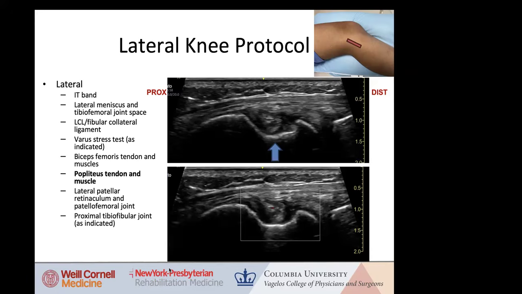It looks like that joint space looks a little bit narrow to me, just very subjectively. And you see that osteophyte on the right side of the popliteus tendon. Those sorts of findings are ones that we frequently see with popliteus pathology. So you oftentimes will see some version of an osteophyte or a little loose body or something that's essentially putting a pressure point on that tendon as it curves around.